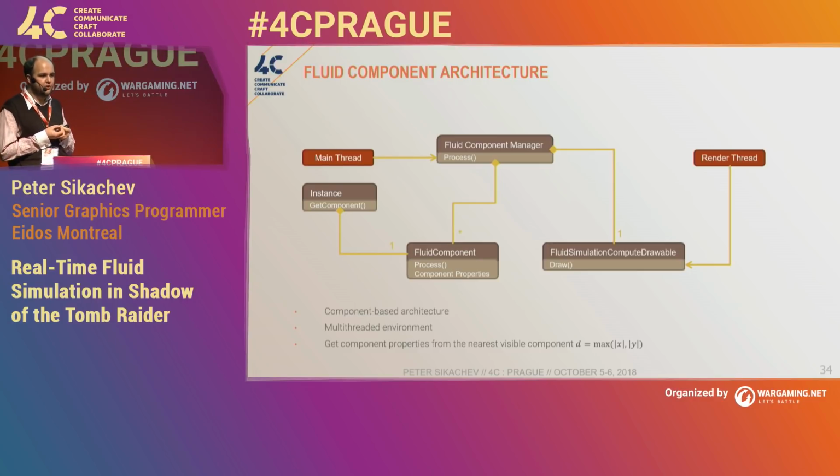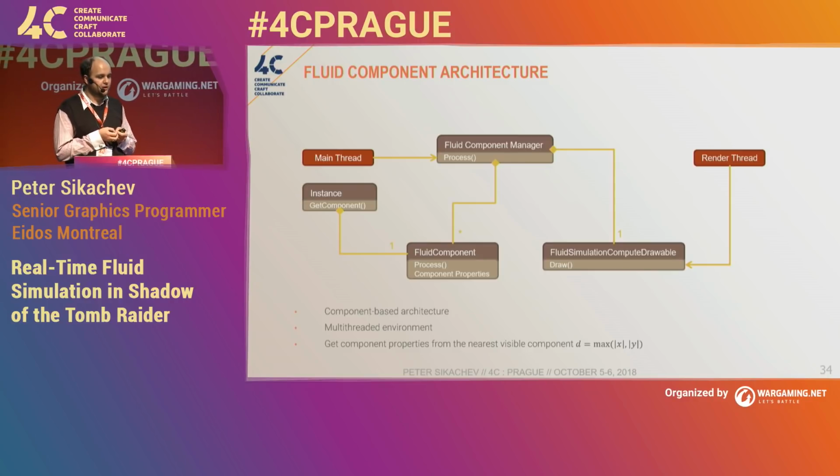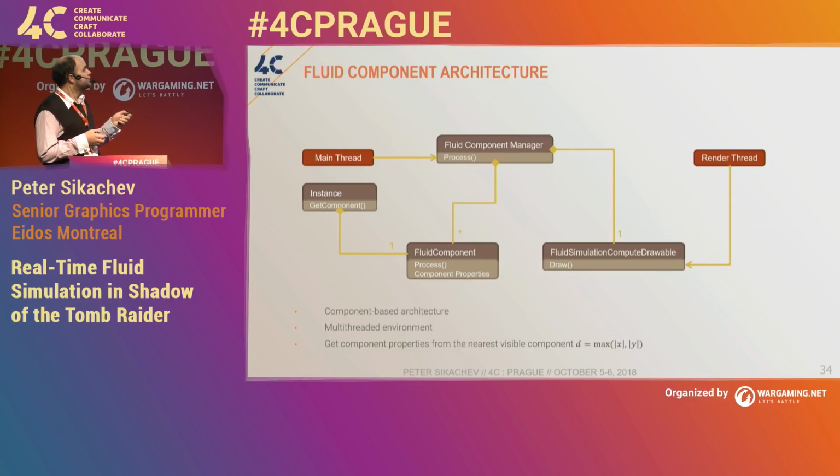The fluid component manager is responsible for 2 things. Each frame it will select the closest component, basically the component to whose boundaries the character is the closest. And second, it creates a so-called compute drawable that is pushed to the rendering thread.